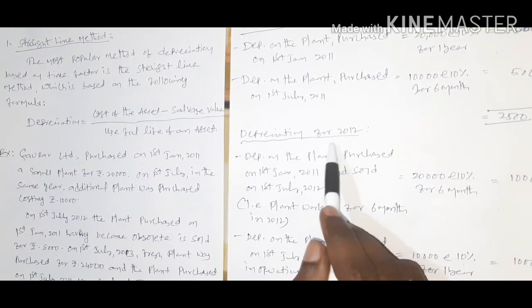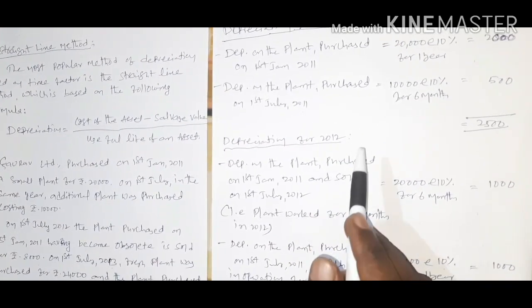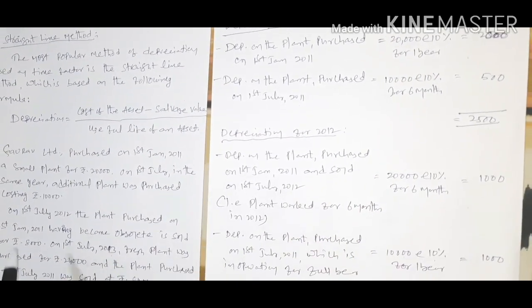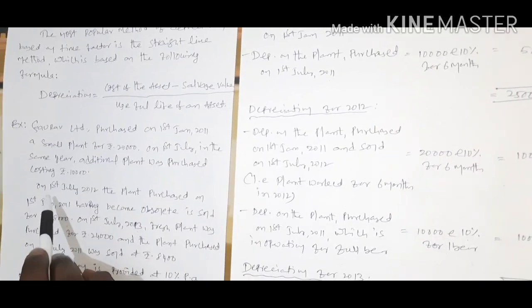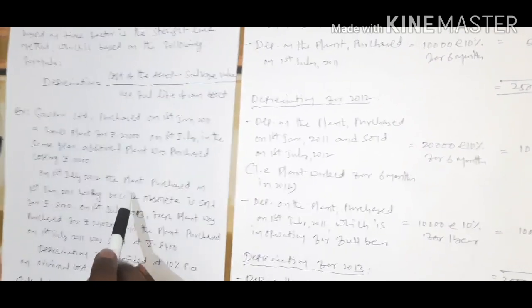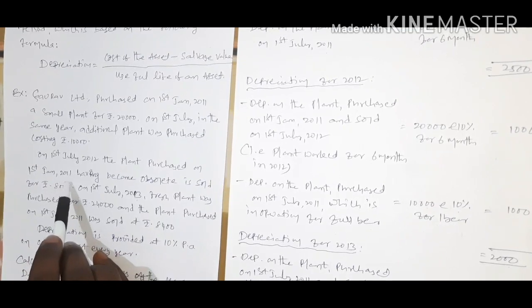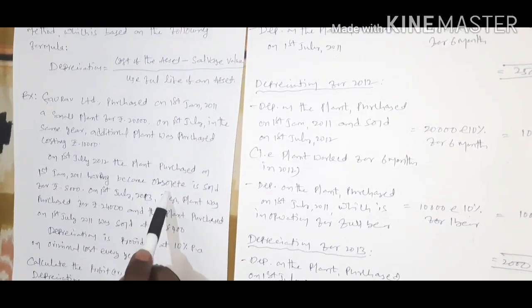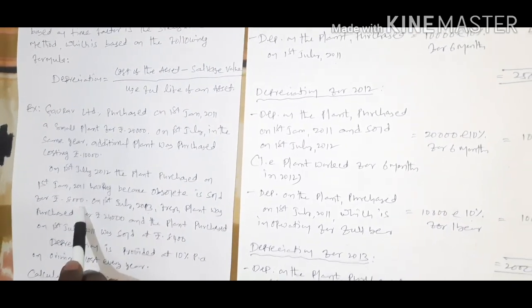Then depreciation for 2012. Friends, let us see here, on 1st July 2012, the plant purchased on 1st January 2011 having become obsolete is sold for rupees 8,000.